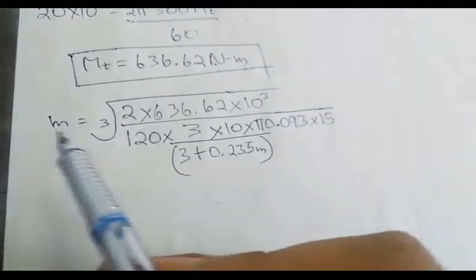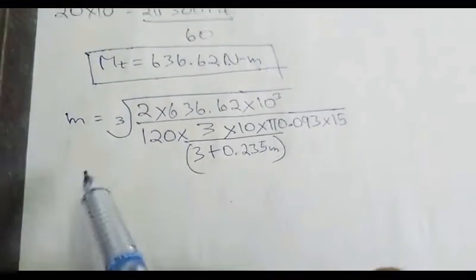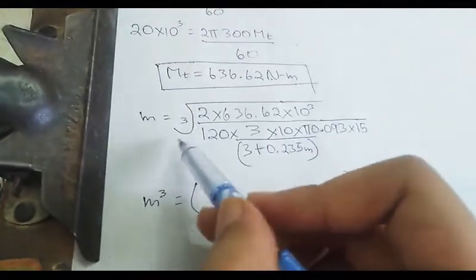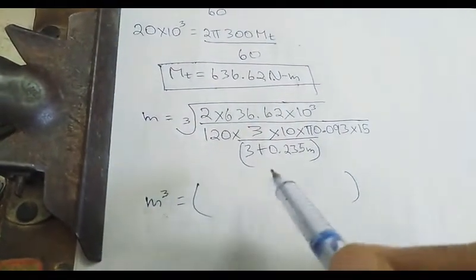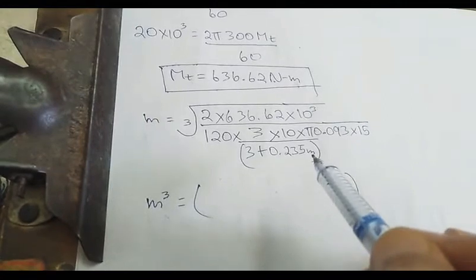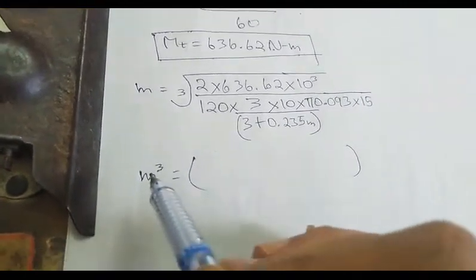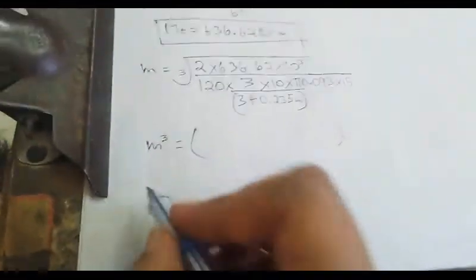In this equation first we need to cube both sides. Then m cube is equal to the value present here, so the cube root is eliminated. Then I need to convert this value and find m.